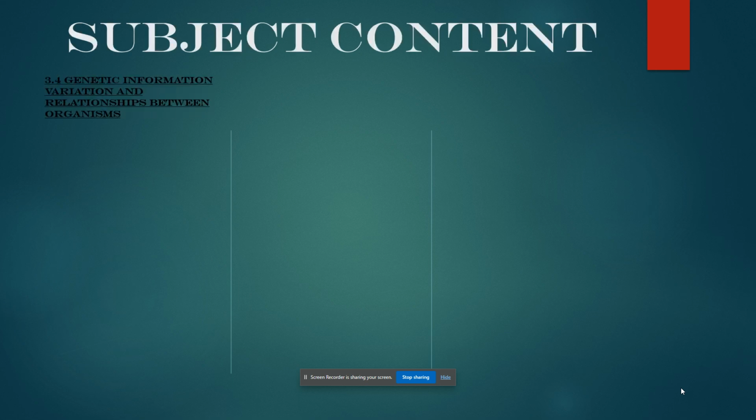Module 3.4 Genetic information, variation and relationship between organisms.